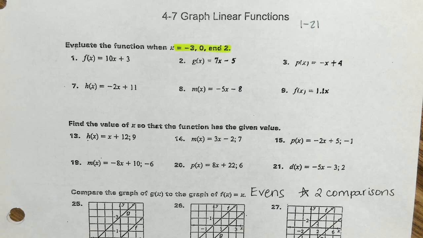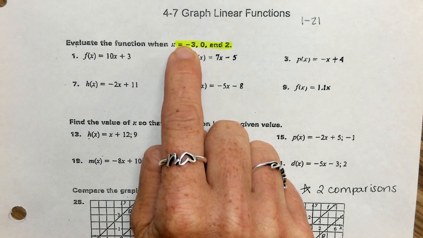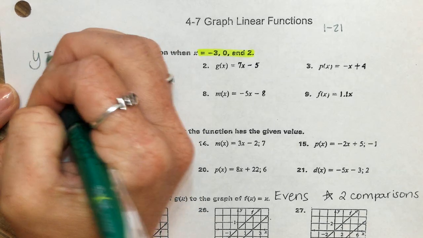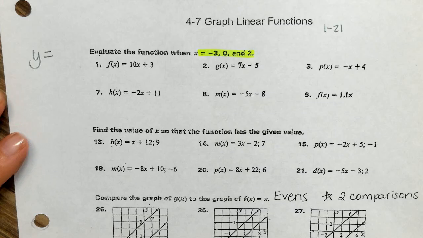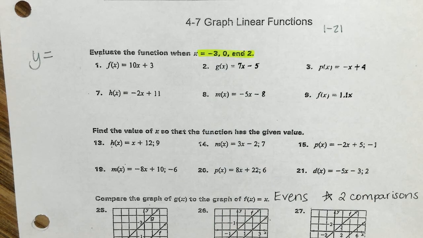I'm plugging in for x because it says x equals. You may simply use your y equals button though. How many answers are you going to have? 3, because they want the value when x is equal to those 3 numbers.